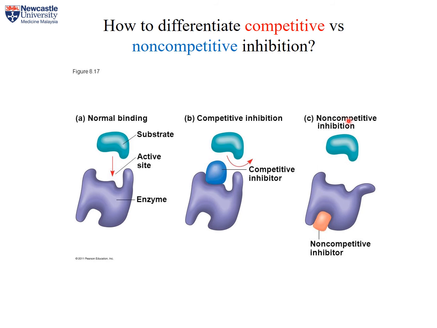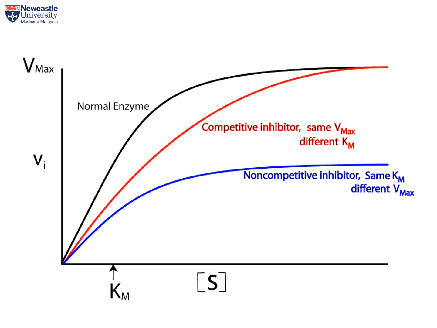But in non-competitive inhibition, because the inhibitor will bind to another site away from the active site, the Km is unchanged. If you look at the Michaelis-Menten curve in competitive inhibition, the Vmax is unchanged while the Km has increased. But in non-competitive inhibition, Vmax is reduced but Km is unchanged.